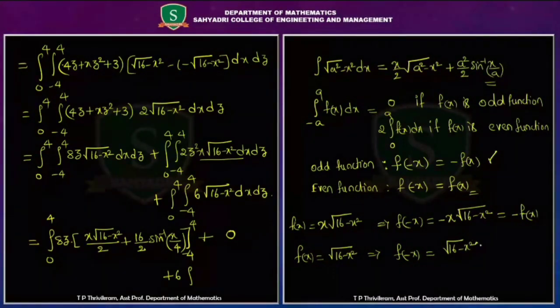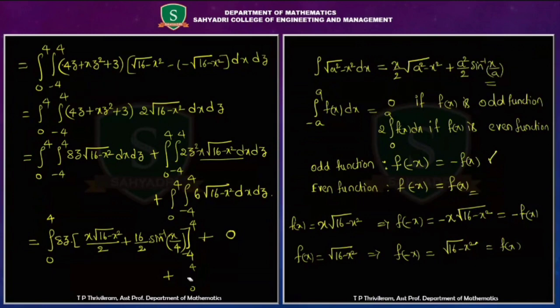So this is f of x, and f of minus x is plus f of x. So you'll get 2 into the integral from 0 to a. So here, 2 into the integral from 0 to 4.